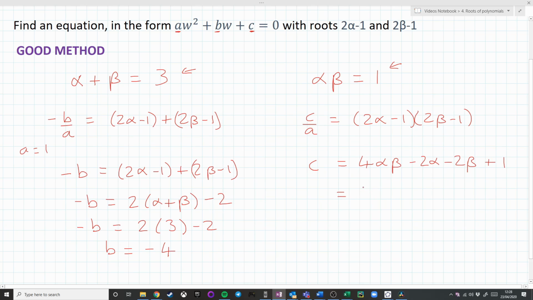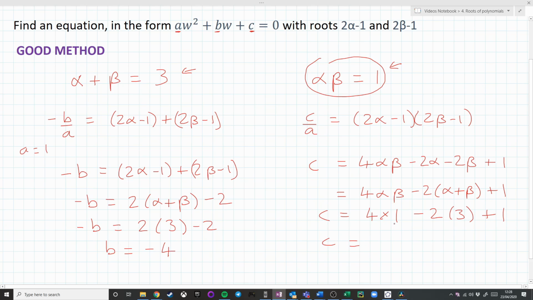And so we can say that this is 4 alpha beta minus 2 open brackets alpha plus beta, plus 1. And we know that alpha beta is 1 from up here. So that's 4 times 1 minus 2 times, we know that alpha plus beta is 3, plus 1.